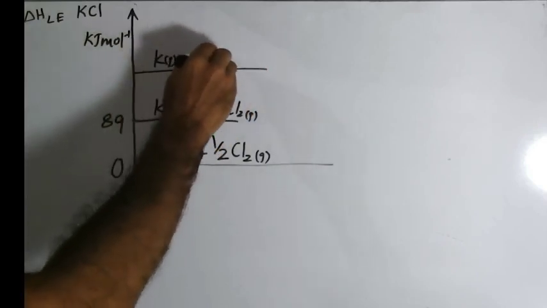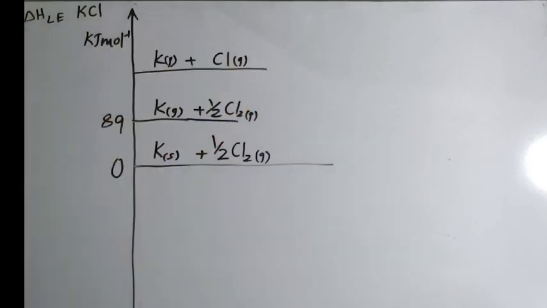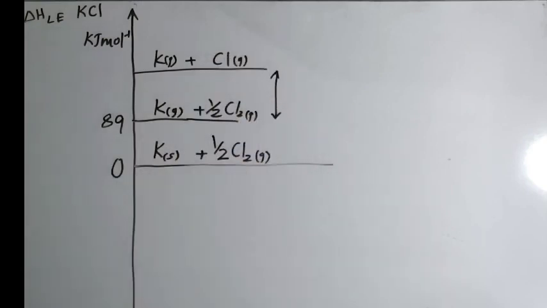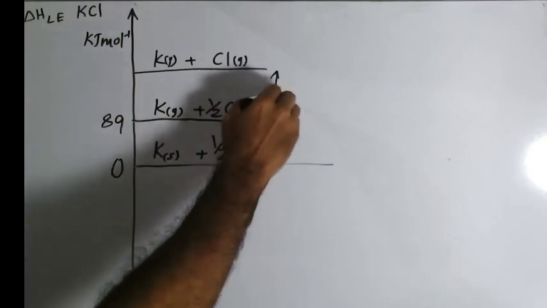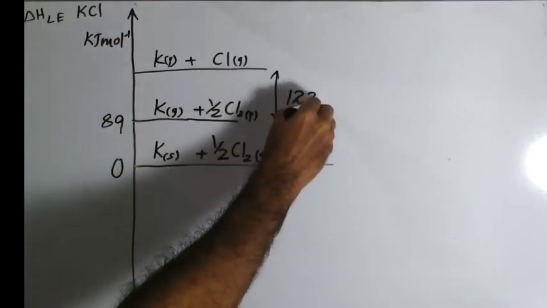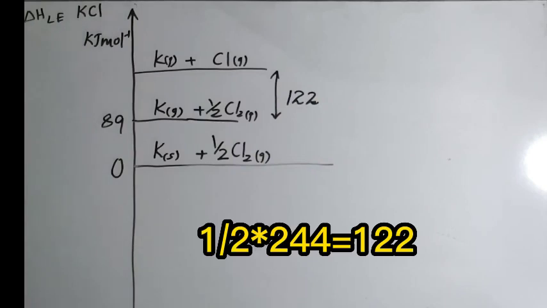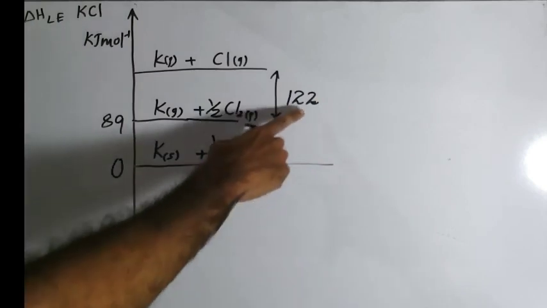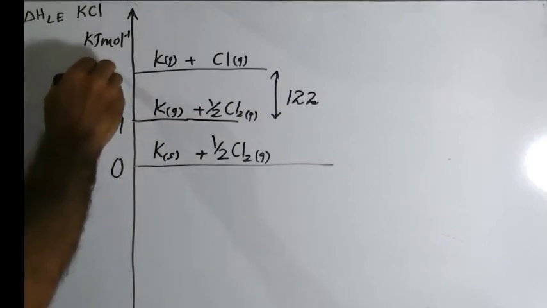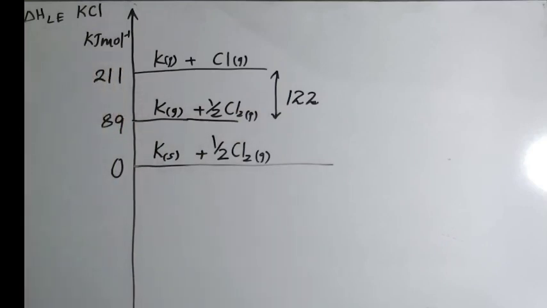Then chlorine should be 1 gaseous chlorine atom. This energy gap would be equal to the bond dissociation energy for chlorine, 122. These are in kilojoules per mole. Then I can add this 122 to 89, which is 211.